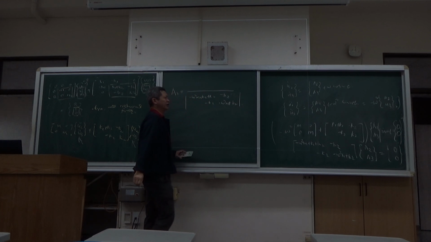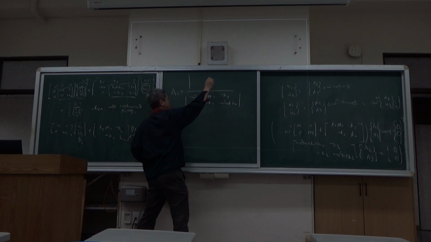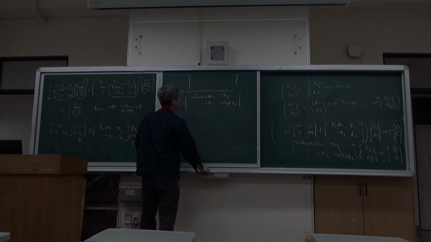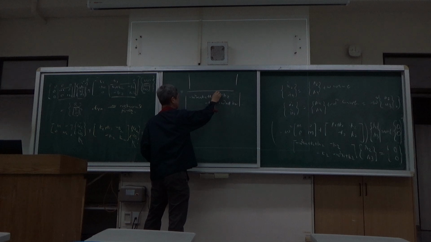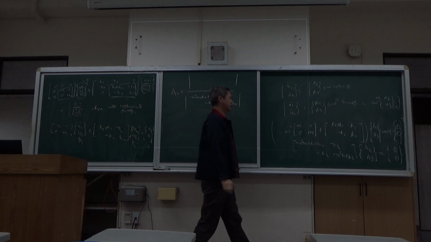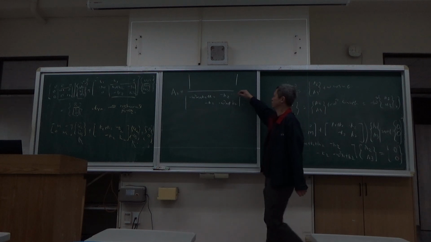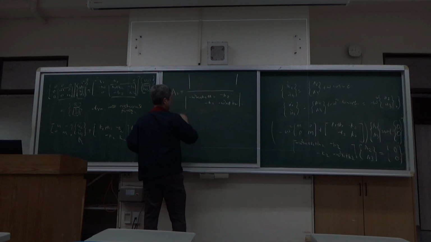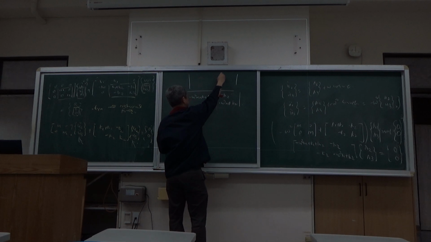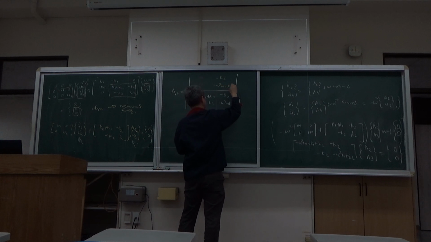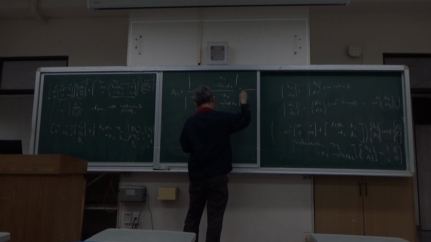Then what is your numerator? Your numerator is obtained by replacing the first column with the right hand side vector. What is that vector here? It's 0, 0. No choice. No matter how you draw, your numerator is 0.